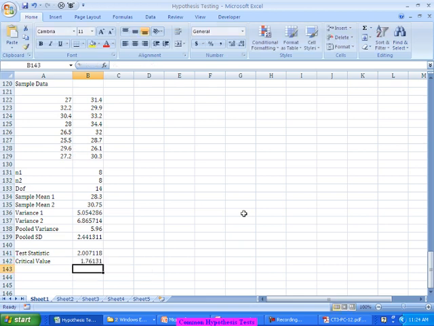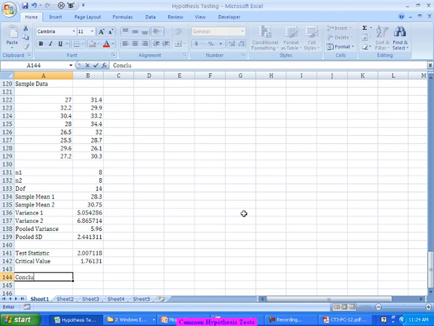So 1.761 is the critical value, and what is coming out is that the actual difference based on our sample is outside the limits of the critical value, which means it is in the rejection region.